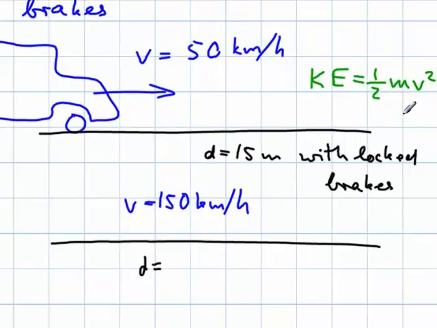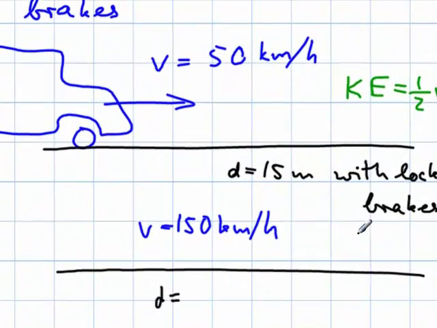Well, the kinetic energy goes with the square of the velocity, and since that needs to be used up in work, in frictional work, so work equals force times distance, and this of course would be the frictional force.